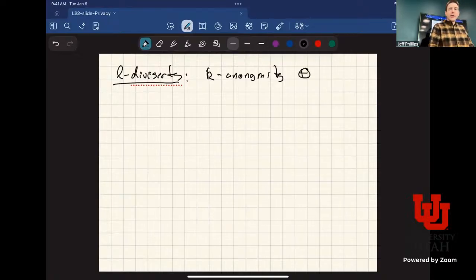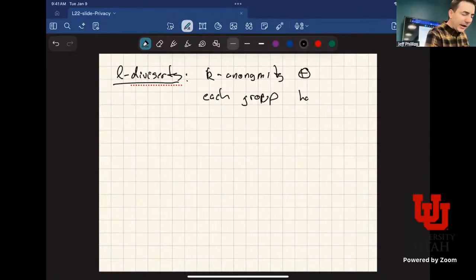But I also have the property that each group of at most K people has some notion of diversity in the private values.